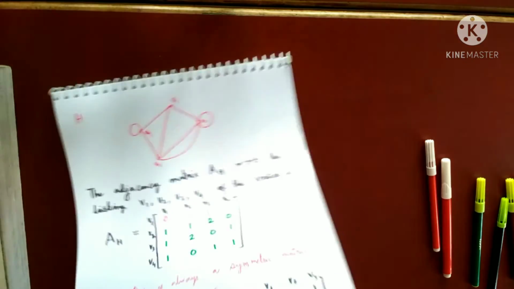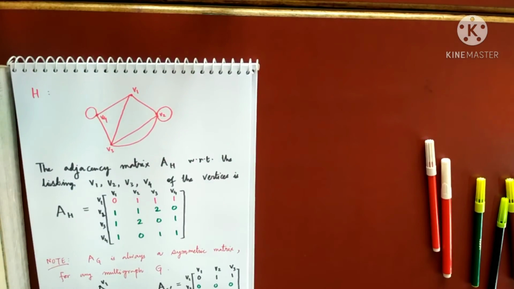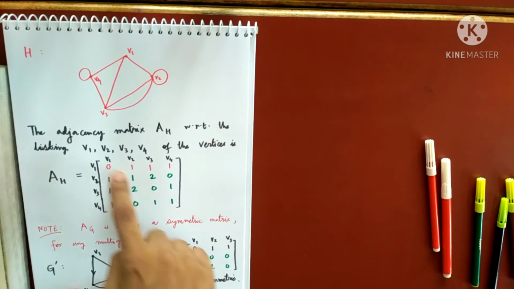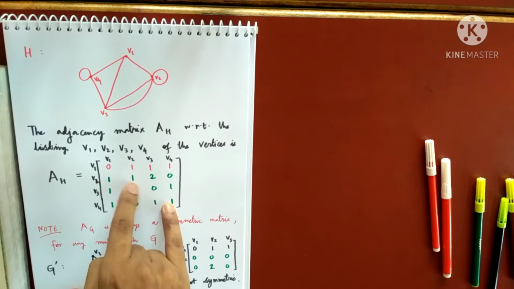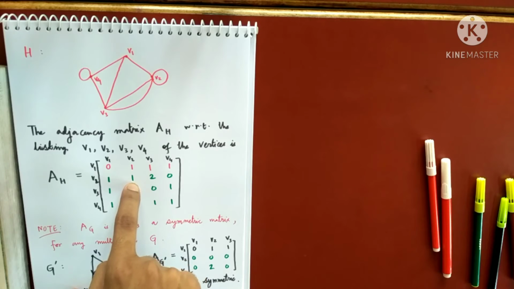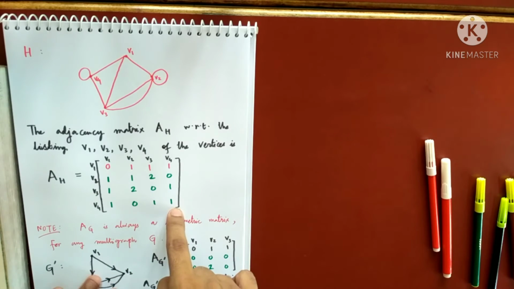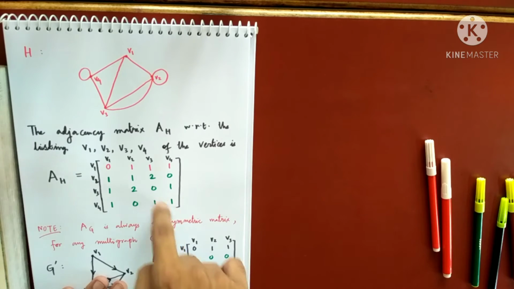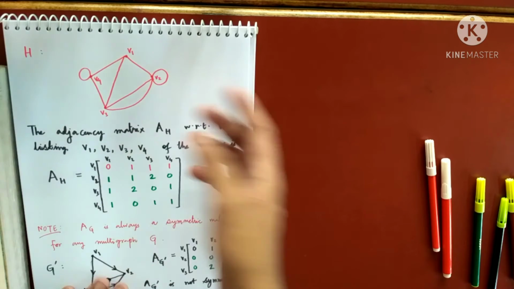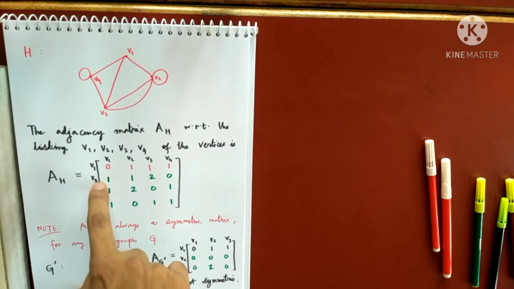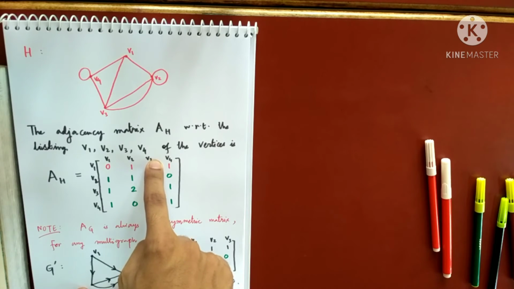But if my graph contains a loop, then there may be some entries 1 in the diagonal, as you can see. So this one will stand for, there is a loop at V2 and there is a loop at V4. And if there are some 2, 3, 4 entries, that means there are some parallel edges from this vertex to this vertex. Okay.